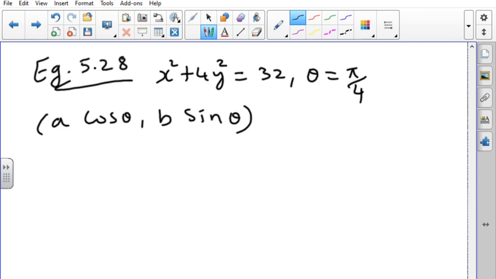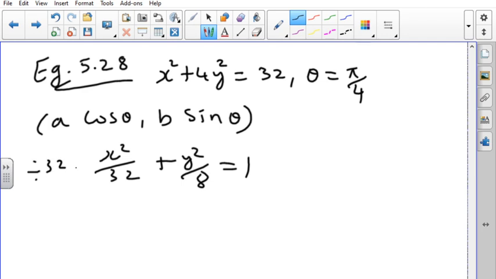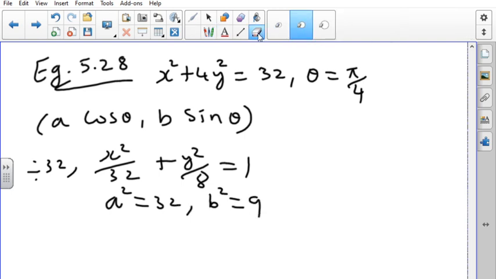Bringing this to the standard form, we get x square by 32 plus y square by 8 is equal to 1, dividing throughout by 32. The greater number is 32, so a square is equal to 32 and b square is equal to 8 and theta is pi by 4.